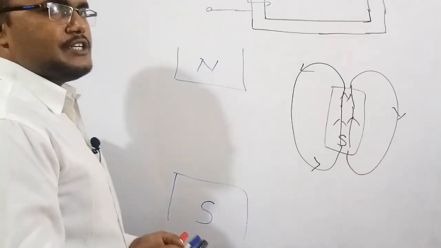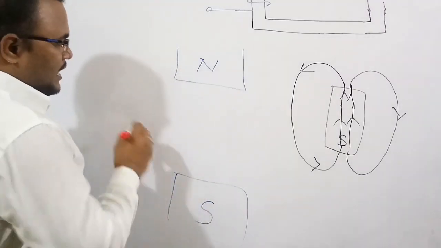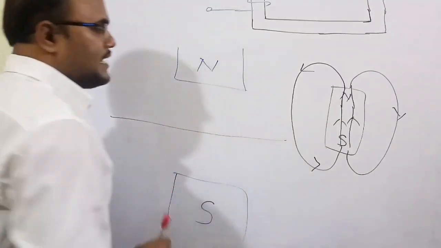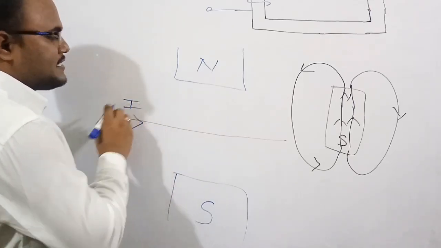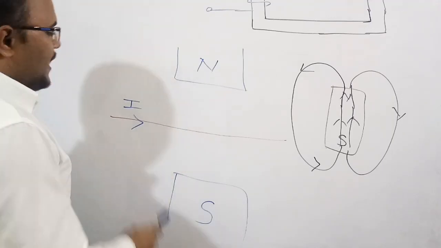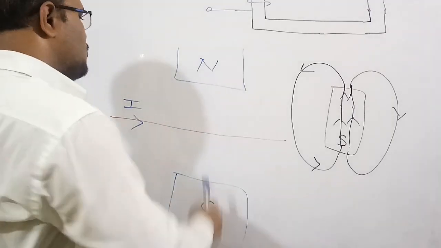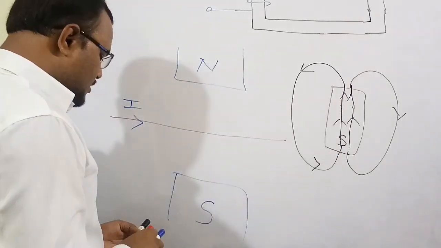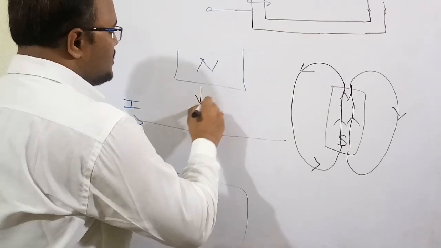Now what I am going to do is place a wire carrying a current I between this magnet. Let me assume the current is of DC nature, meaning a constant value, and its direction is from left to right. This magnet has a magnetic field from north pole to south pole.